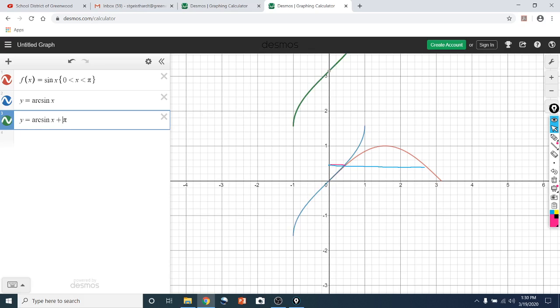Let's try that. And let's go negative. There we go. We'd use arc sine of negative x plus pi as the top, and arc sine of x is the bottom, rotate it around the x-axis, and do exactly what we did. But you need to be able to get to that, and it's kind of annoying.